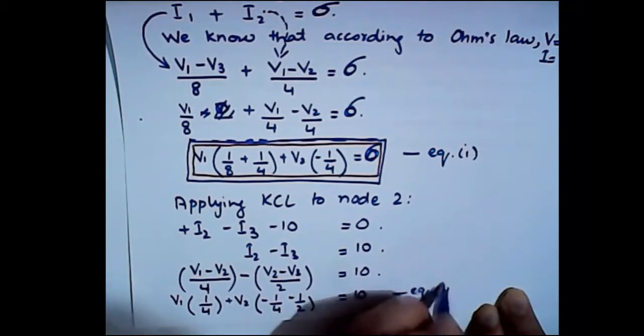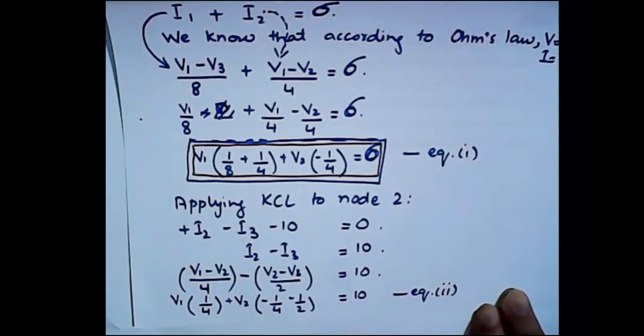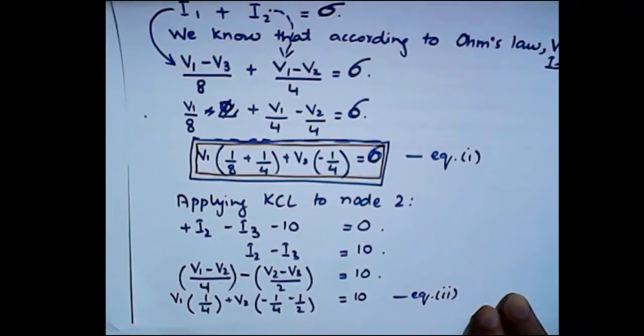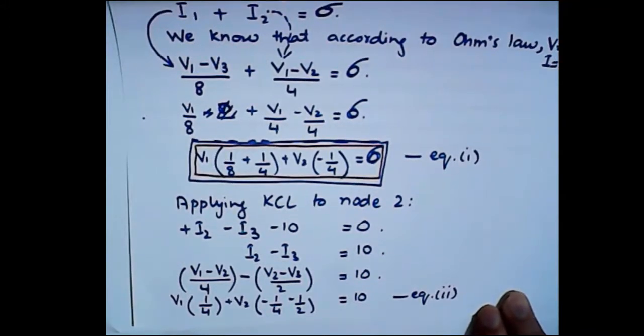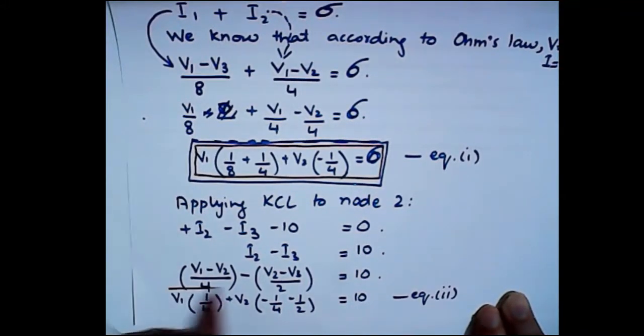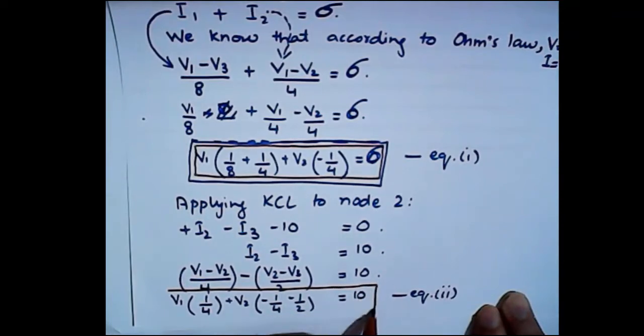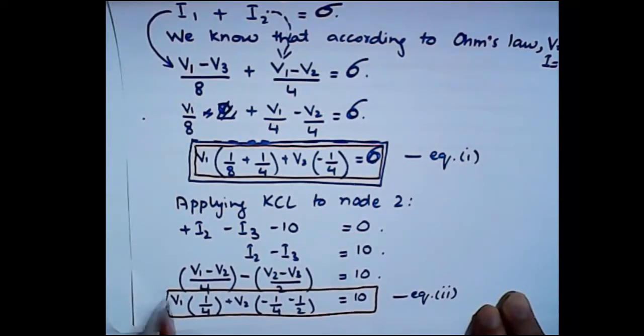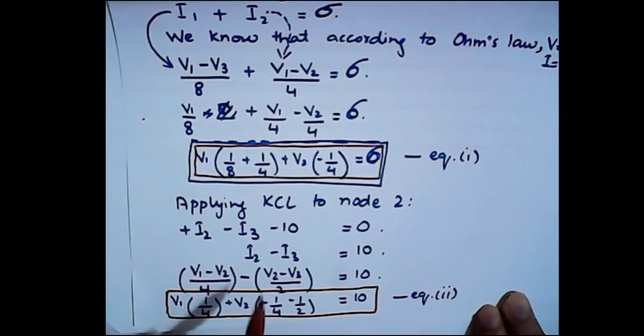and this will be my equation number 2. If you people want, you can also take the LCM and simplify, but the point is, again, we are here to learn basic electrical engineering, not elementary mathematics or algebra, linear algebra. So even if you leave it at this stage and directly put these values in the calculator to solve these equations, there is no harm in that, right?